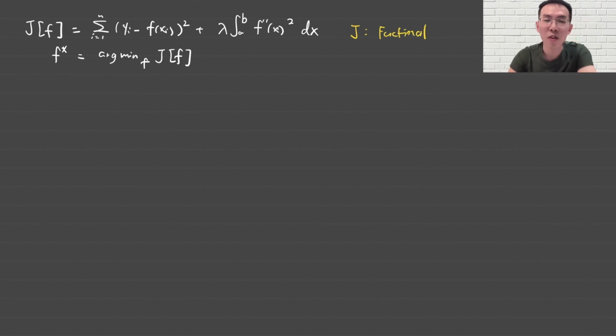The definition of a functional is straightforward. It's just something that takes a function as input and outputs a scalar. Then what we really want to do is to find the best function to minimize this functional J. So how do we do that?